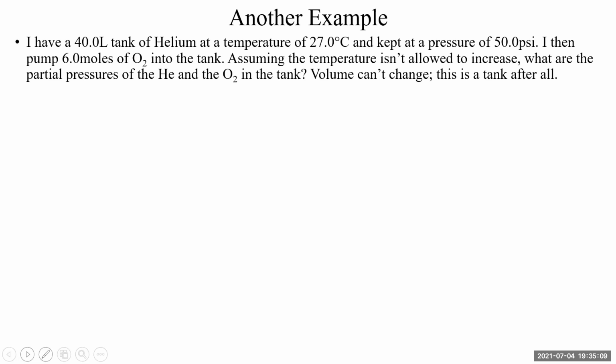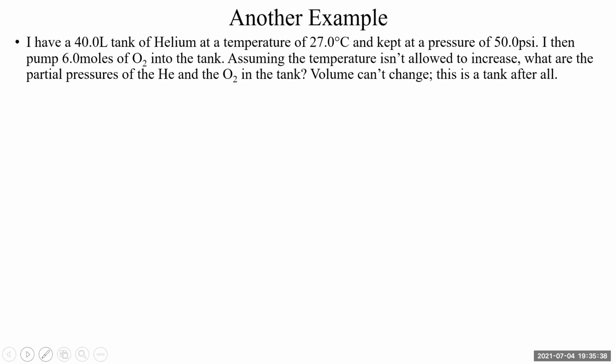I have a 40-liter tank of helium at a temperature of 27 Celsius and kept at a pressure of 50 psi. I then pump 6 moles of oxygen into the tank, assuming the temperature isn't allowed to increase. This is kind of a hypothetical example because if I don't allow the volume to increase and I don't allow the temperature to increase, let's see, what are the partial pressures?